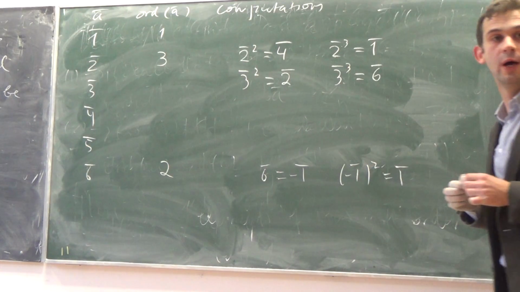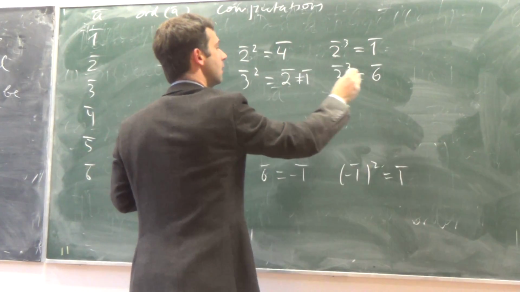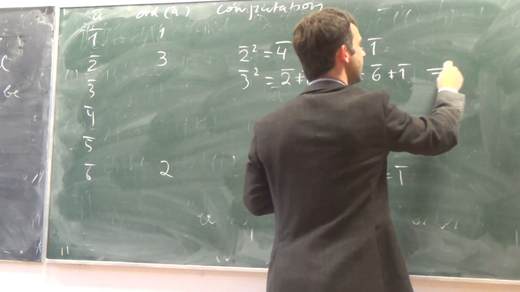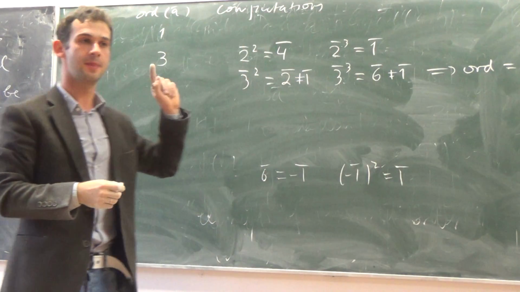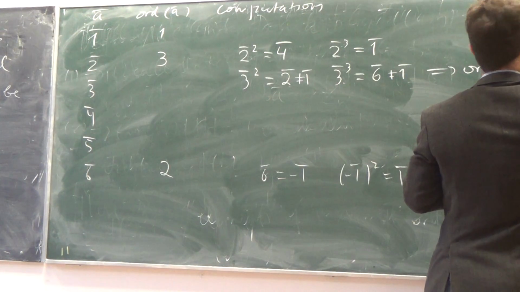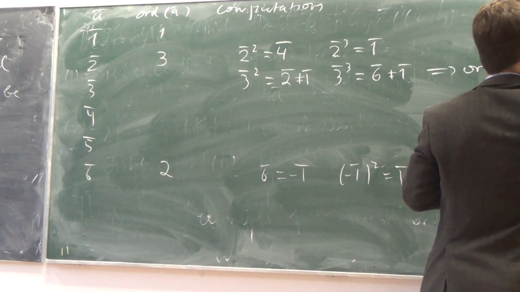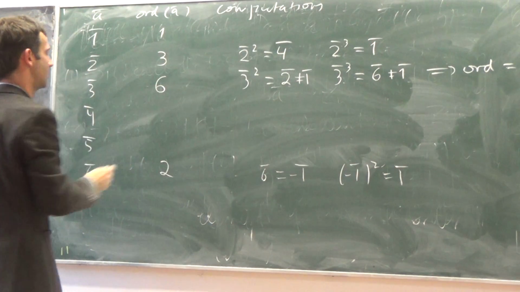This is also not a 1. So you see, this is some bits of logic. Then the order must be 6, because it's not 1, not 2, and not 3. But of course, if I wanted, I can do 3 to the 6 and get a 1. So this is 6.